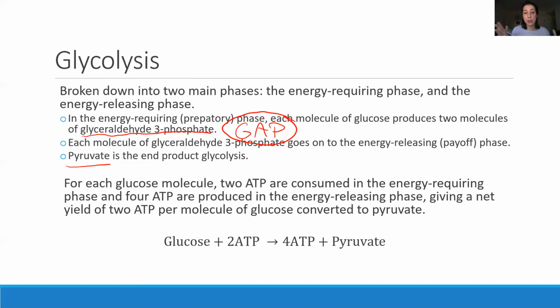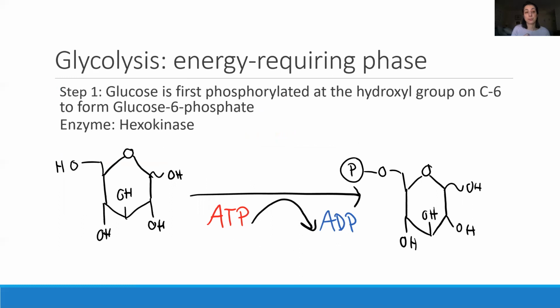So the general net yield here is 2 ATP per molecule of glucose. So this is that very, very general idea. We're going to get 2 ATP as a net for our glycolysis reaction.